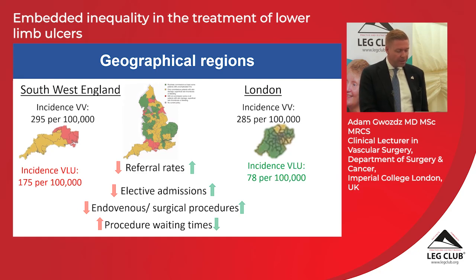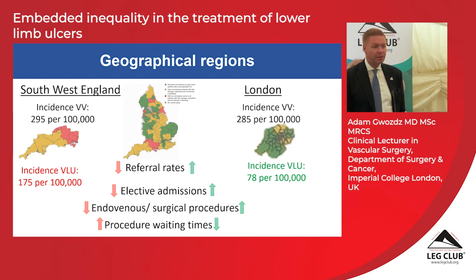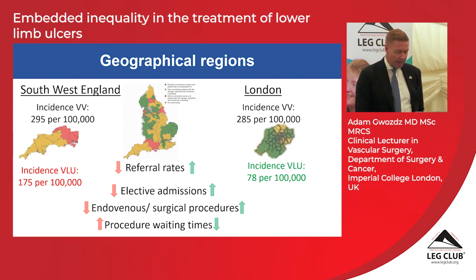The referral rates in the southwest of England are lower compared to London, referral meaning to specialist care. The elective admissions are fewer. The number of procedures that you do, consequently, are less. And the procedure waiting times are increased for the southwest of England.